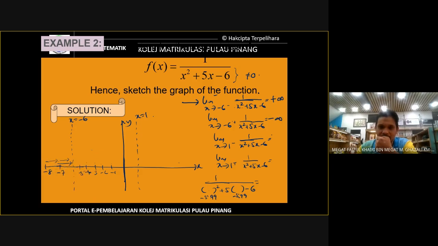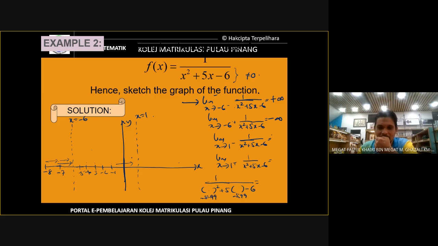Negative infinity. Okay, then limit x approaching to 1 from left. So from negative 1, 0, 1. So negative 2, negative 1, 0, 0.5, 0.8, 0.9, 0.99.